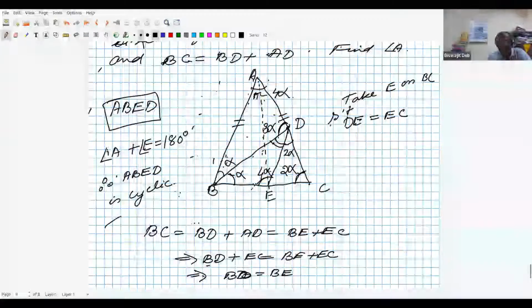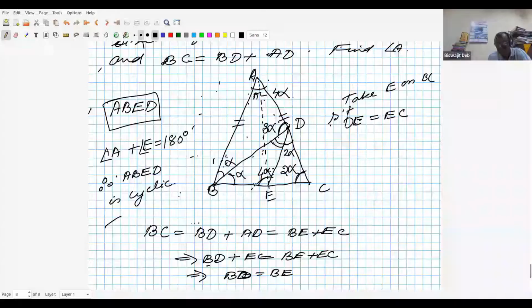If you consider this triangle ADE, what do you know?